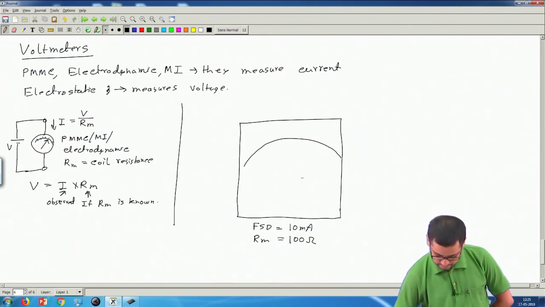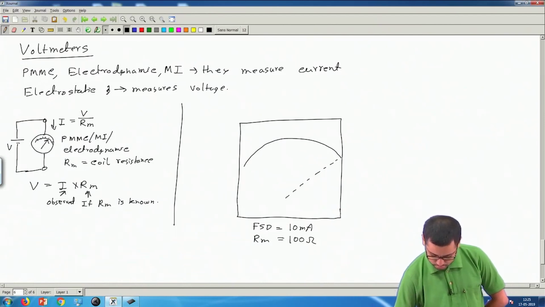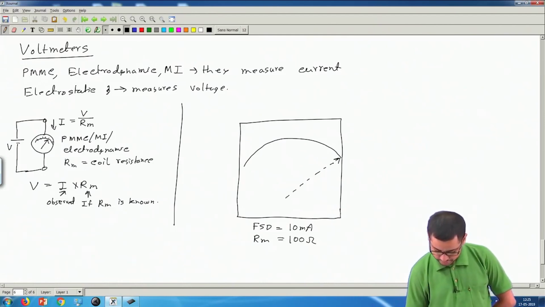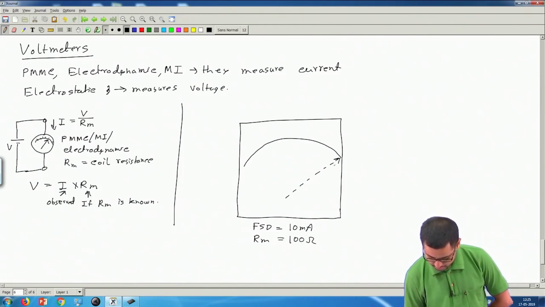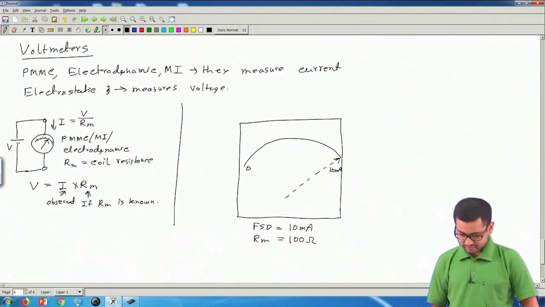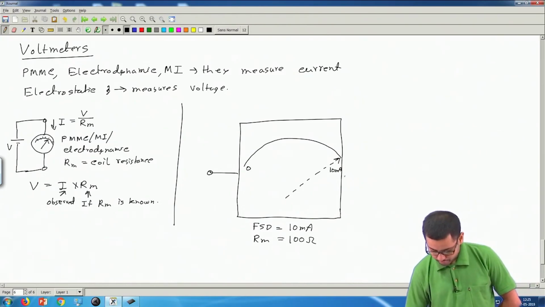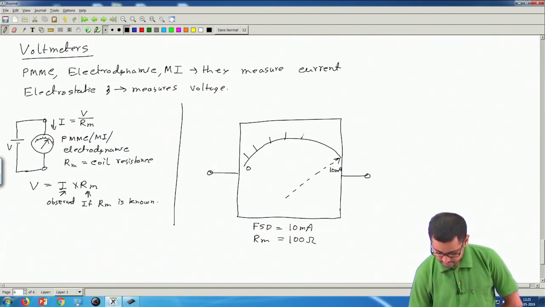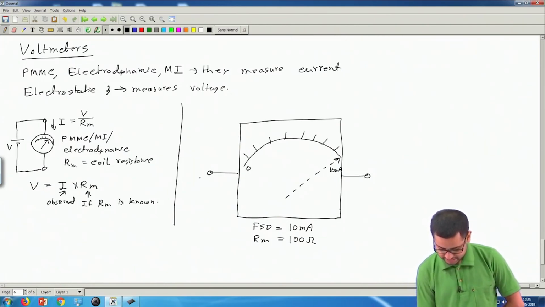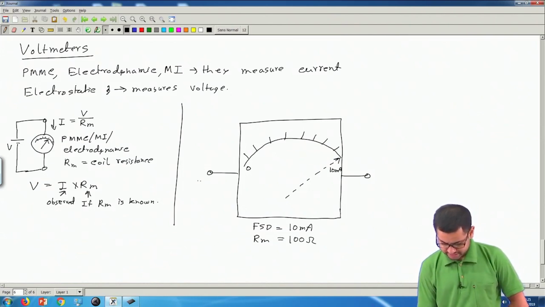So that means the pointer goes to extreme right when the current is 10 milliampere. So this position indicates 10 milliampere. This is 0 ampere. Now, I apply a voltage across this meter.